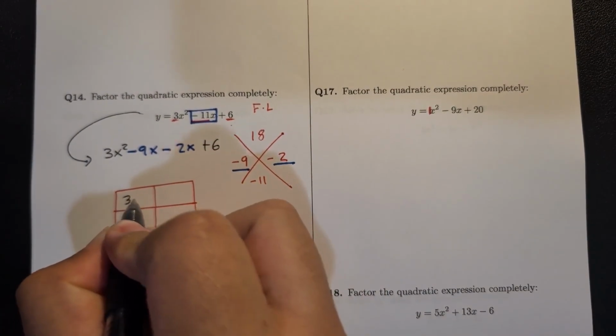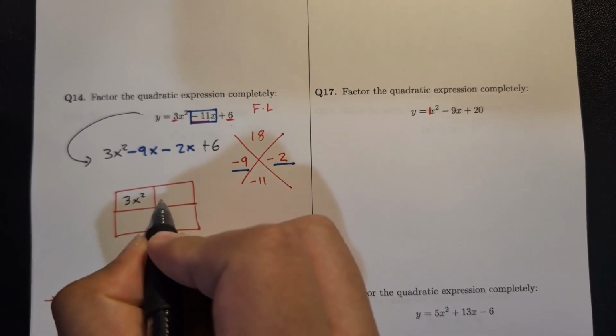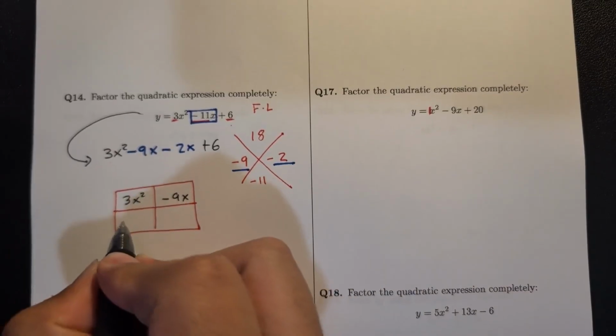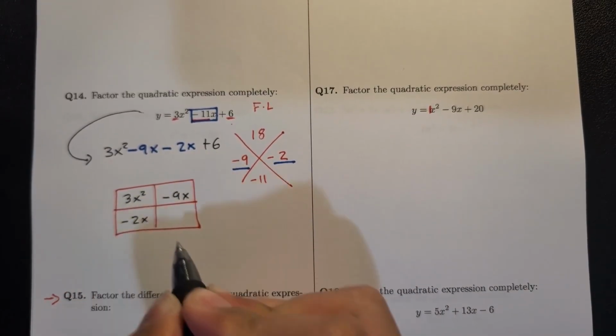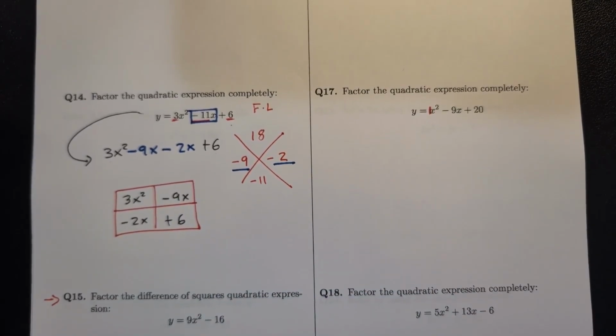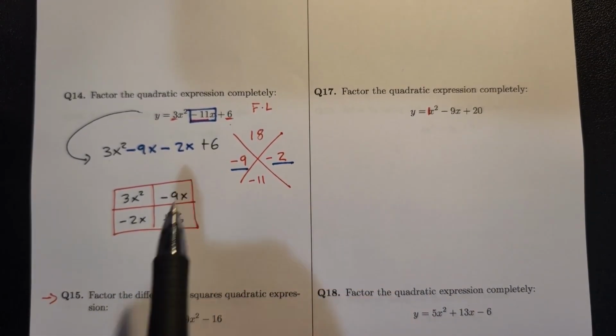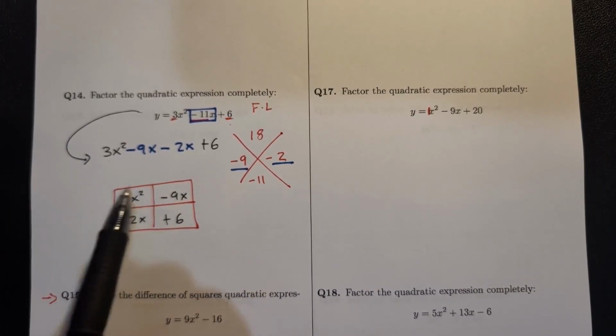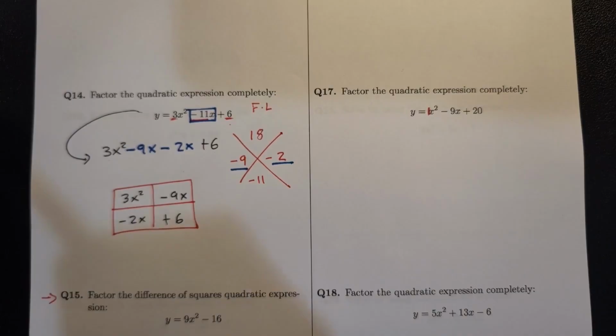We're going to have 3x squared minus 9x minus 2x plus 6. Okay, so when I factor, the product is going to be what we write on the outside of my boxes.